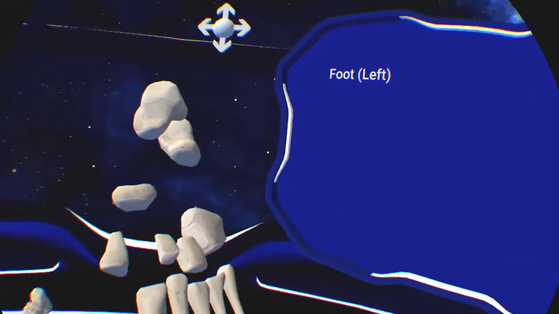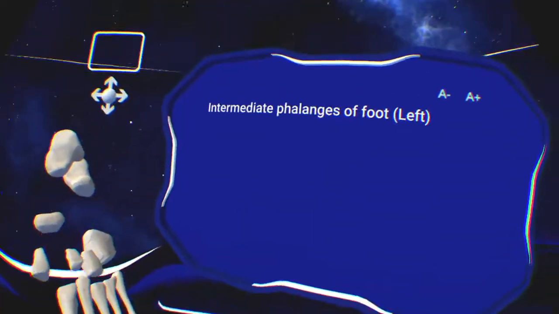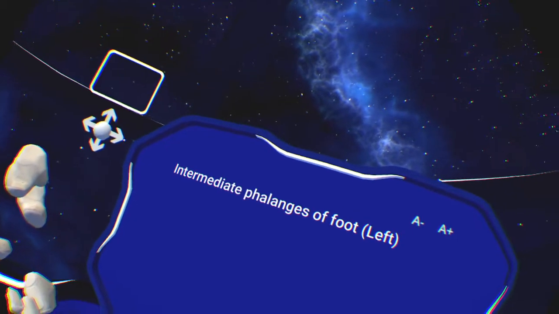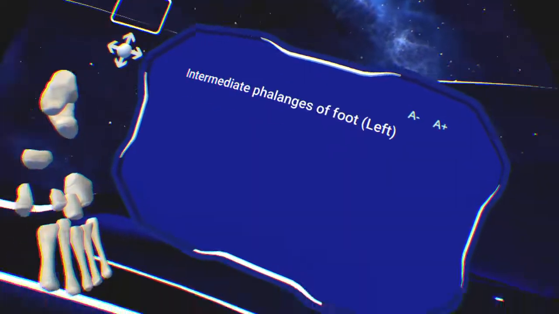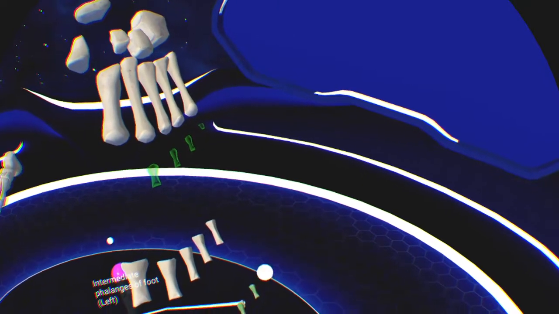This bone is made up of a lot of different bones, including some that are very, very tiny. See how tiny those bones are? Those are individual bones there. That's the intermediate phalanges of the foot. Has its own name there.